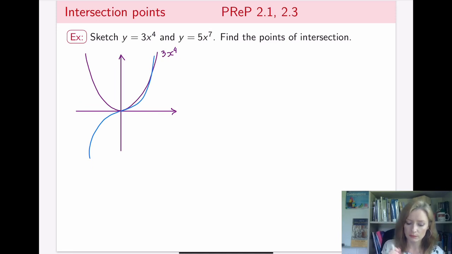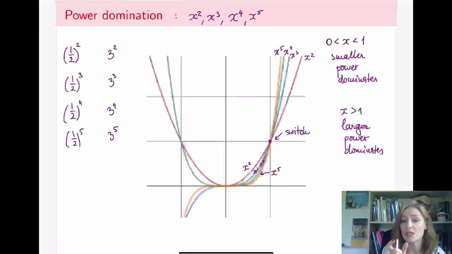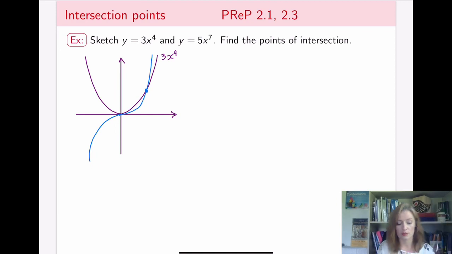Now, thinking back to our previous slide, remember that smaller powers have to dominate near the origin, but the larger powers will dominate further away from the origin, which means that because 7 is bigger than 4, near the origin, the 4th power has to be on top, which means that first my 7th power graph has to lie underneath the 4th power graph, but then after some switch point, which I've yet to find the coordinates for, the graphs will actually reverse roles, right?